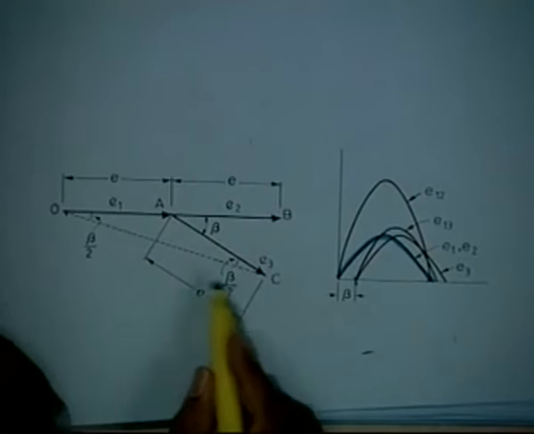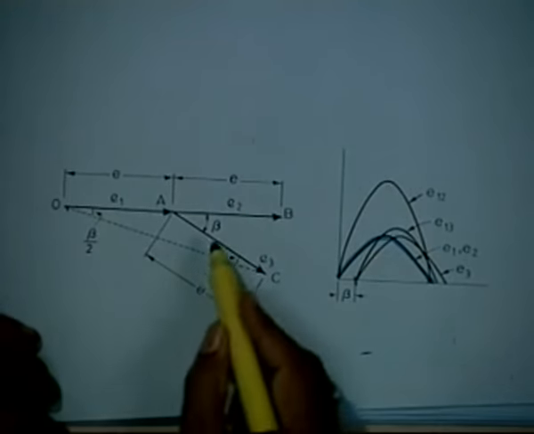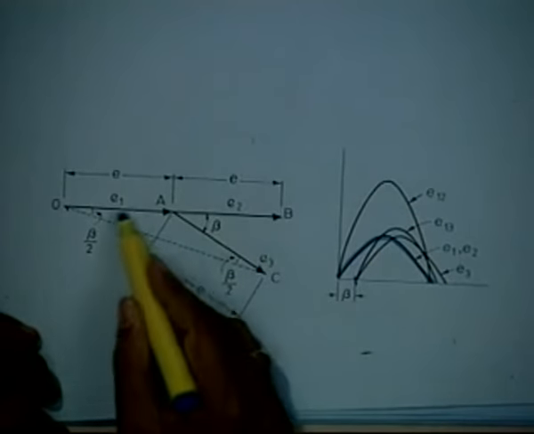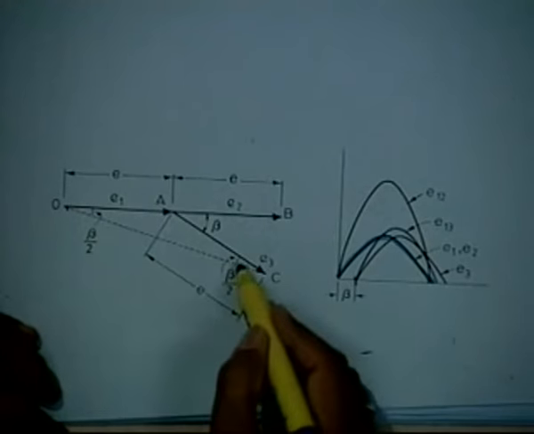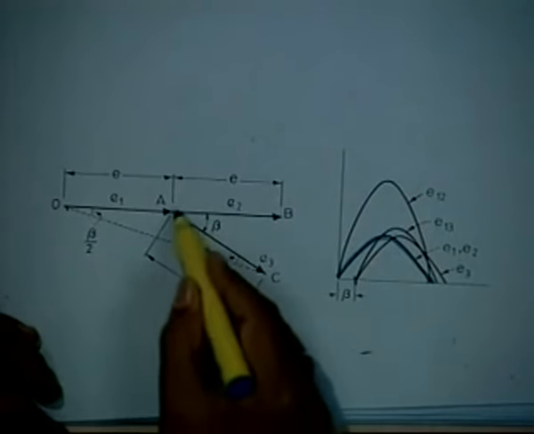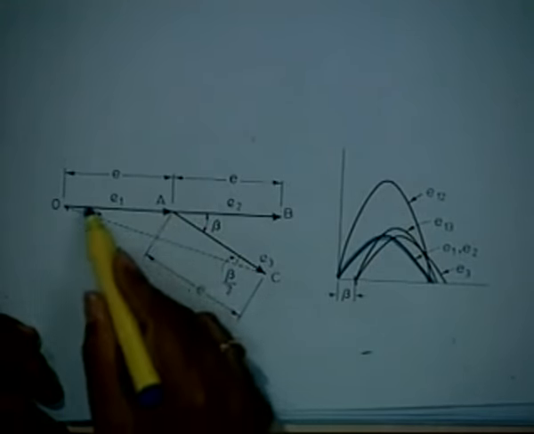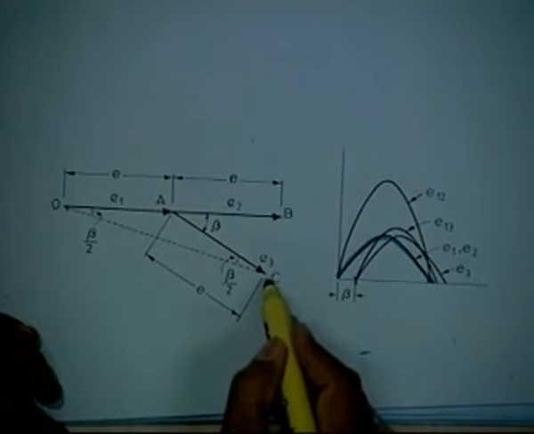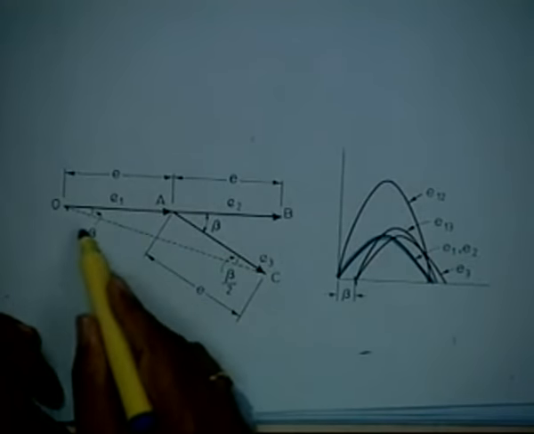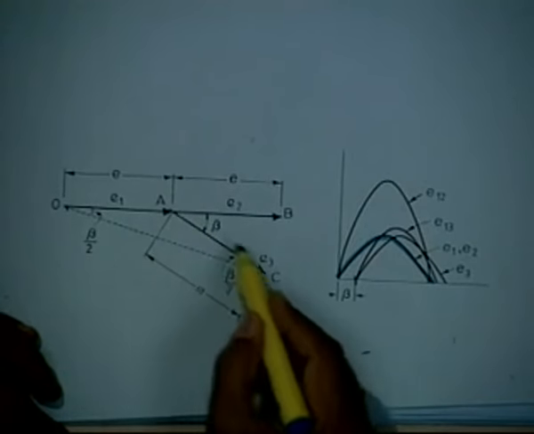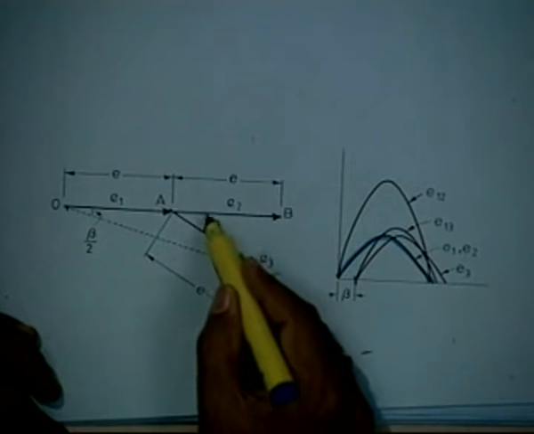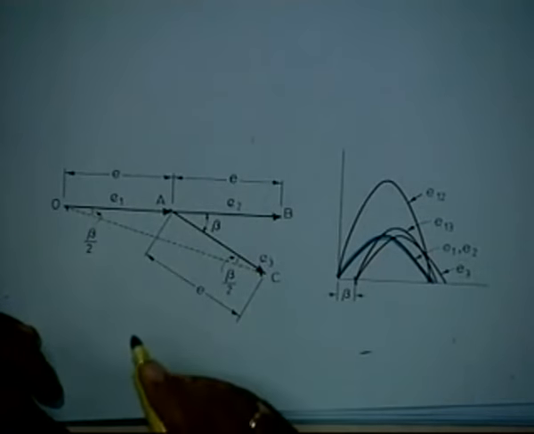This angle is beta, and if you do some geometrical construction and add it, this will be beta by 2, this will be beta by 2, an isosceles triangle, and this side will be E and this will be E. All you have to find is the third side of the triangle, where one side is E, another side is E, and the angle between them is beta by 2.